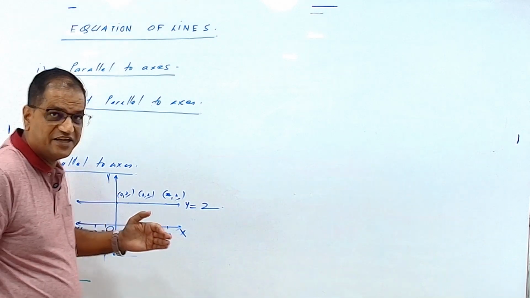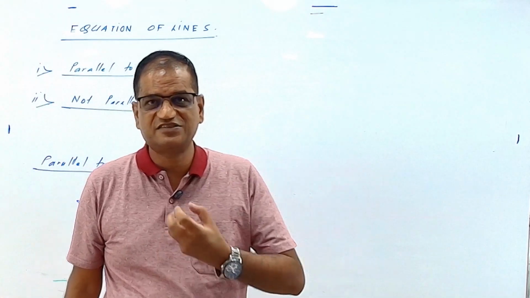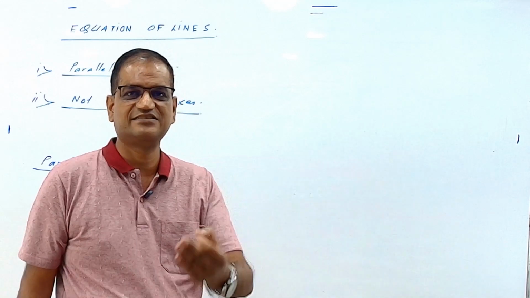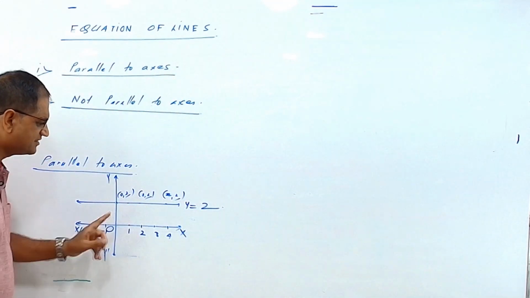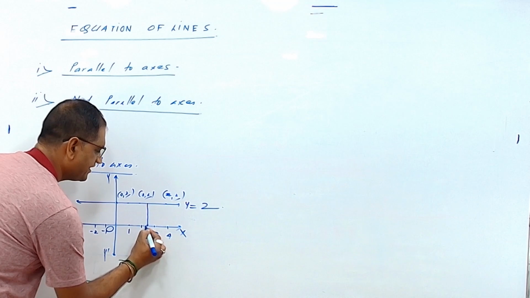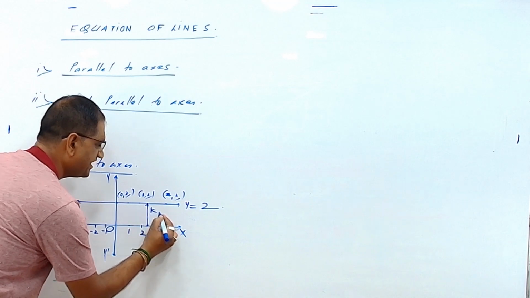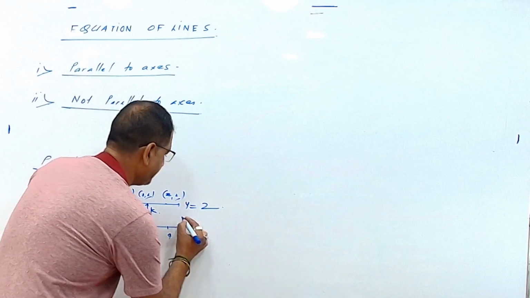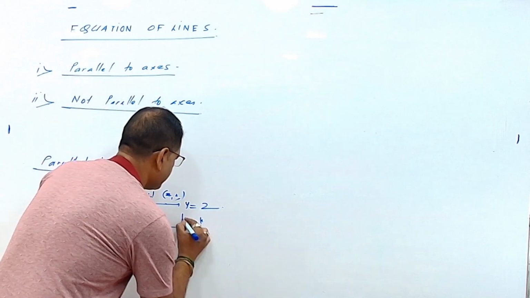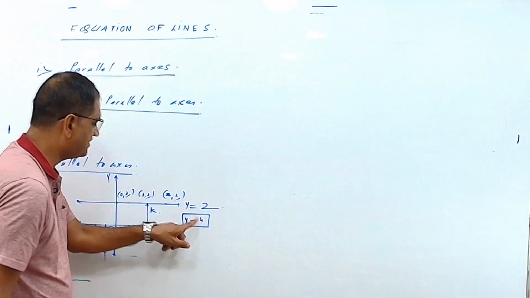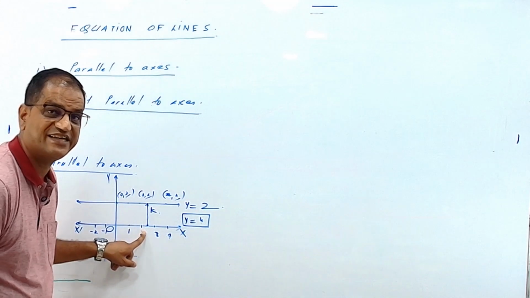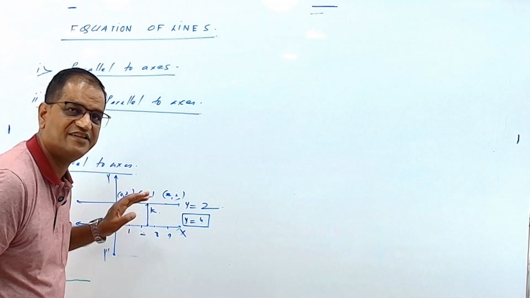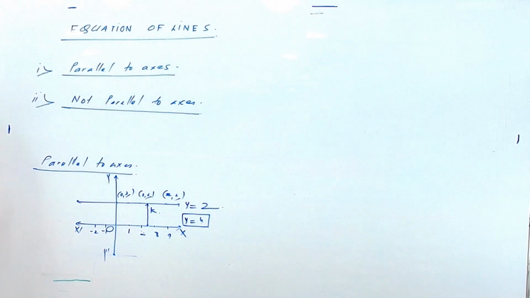I will frame my statement in this manner. If the line is parallel to x-axis at a distance of, say, k units from the x-axis, then its equation is y equal to k, where k is the distance between the line and the x-axis. K is positive if the line is above the x-axis, negative if the line is below the x-axis.